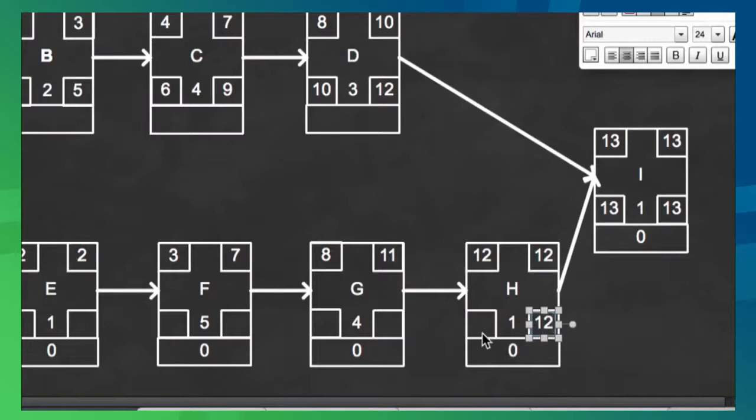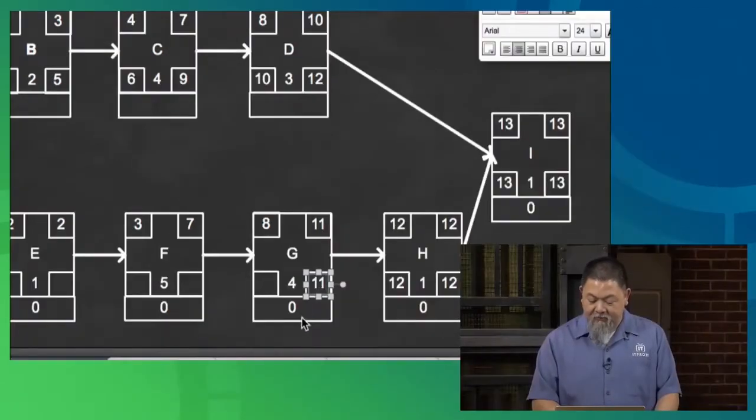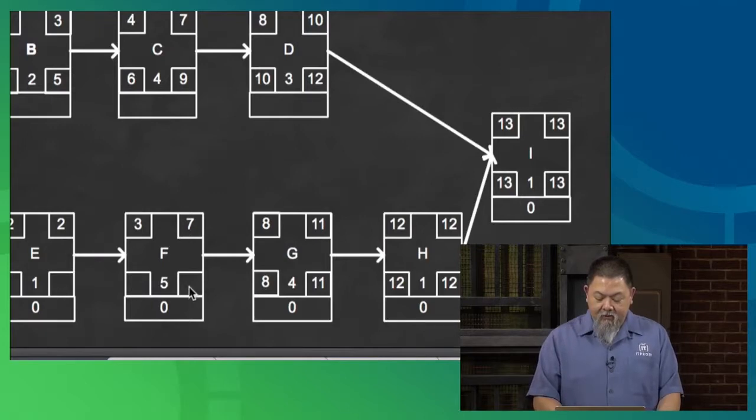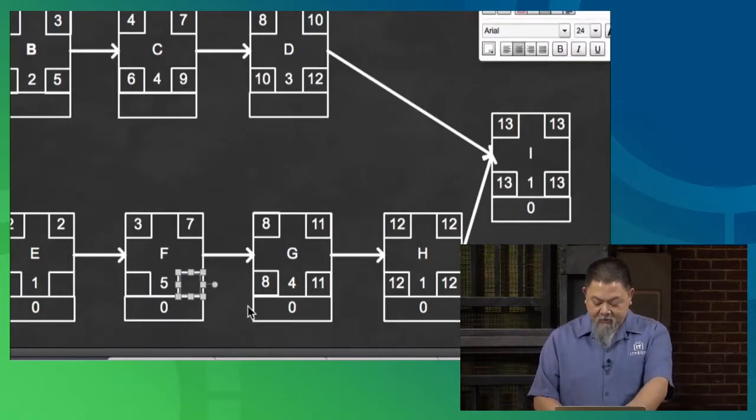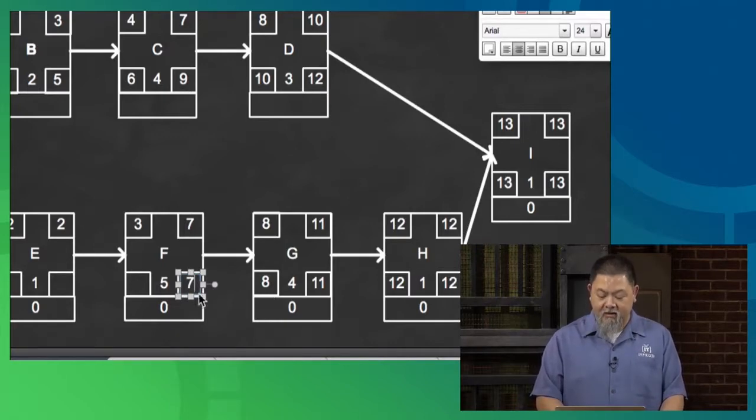This will be 12 and 12, which means that this one will actually have 11, right? And then we take away 4, so 11, 10, 9, 8. And then the latest it can finish is going to be day 7, so that day 8 can actually begin.